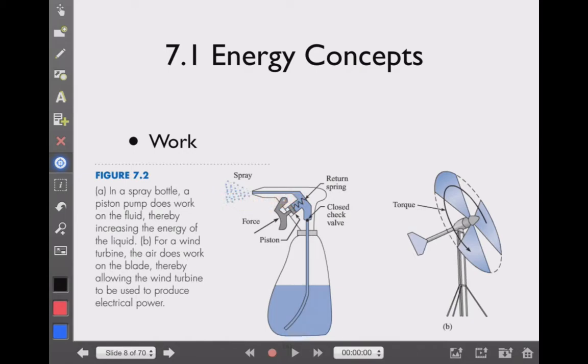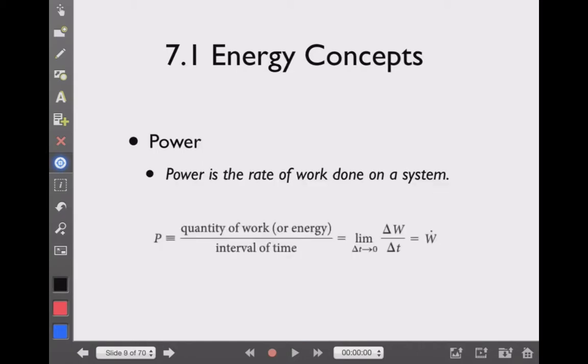Another example is the turbine again, where we have wind coming from right to left. It's producing a torque on these blades, which is spinning the turbine, which is housed inside this thing here, and is creating energy, which can be transferred out by electrical wires.